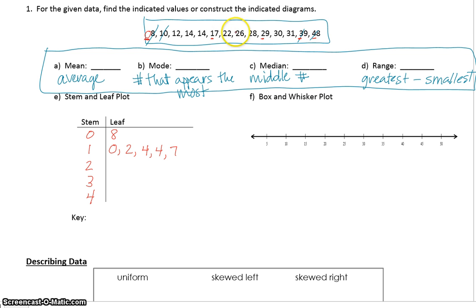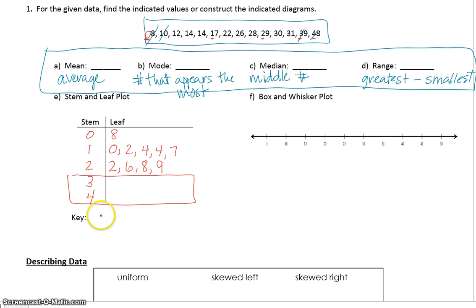These are already listed in sequential order for us, and if they weren't, you would need to do that first. But the 22, the stem is 2, the leaf is 2 for 22. Then 26, we have a leaf of 6. 28, we have a leaf of 8. And 29, we have a leaf of 9. For tomorrow, I would like you to continue with the 3 and the 4.